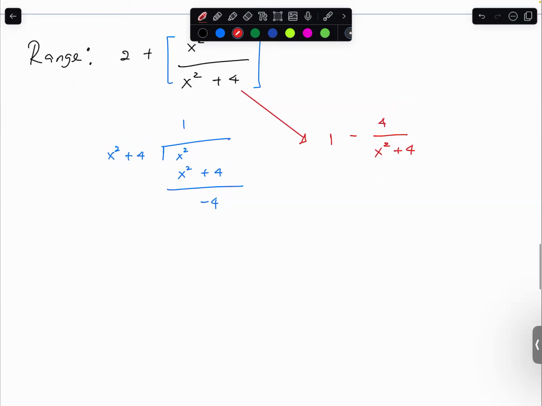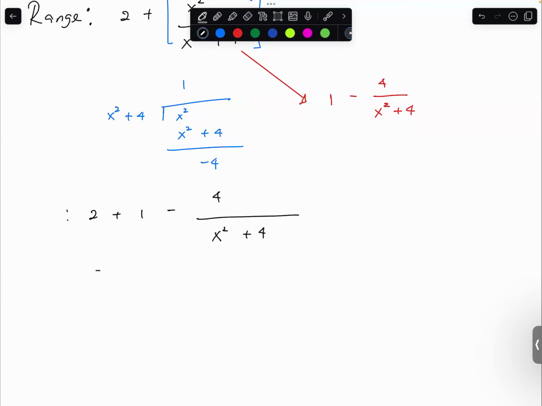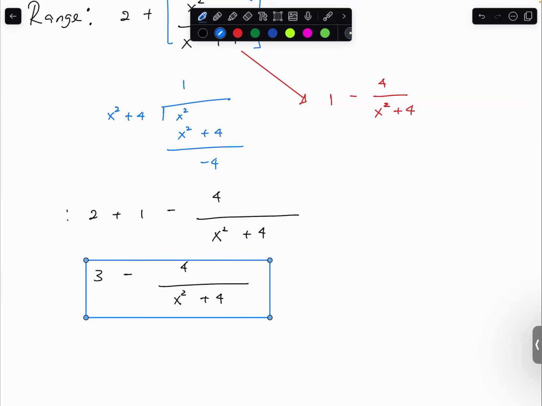Hence our expression can now be written as, instead of 2 plus this, we can write it as 2 plus 1 minus 4 over x squared plus 4. So 2 plus 1 equals 3. So you have 3 minus 4 over x squared plus 4. So we need to find the range of this.